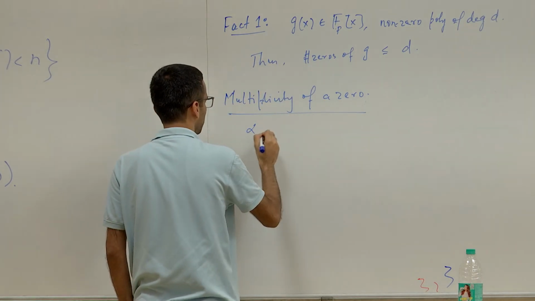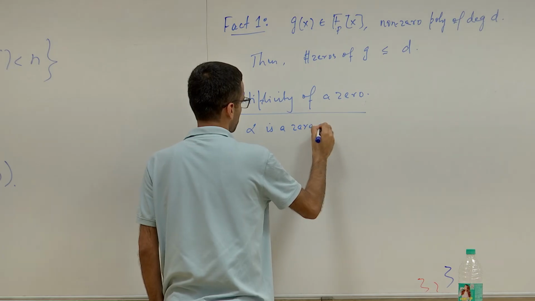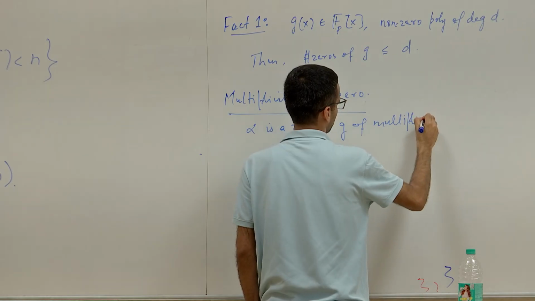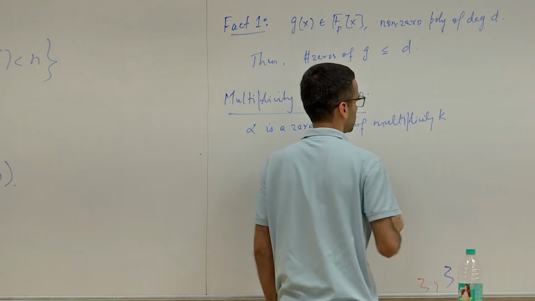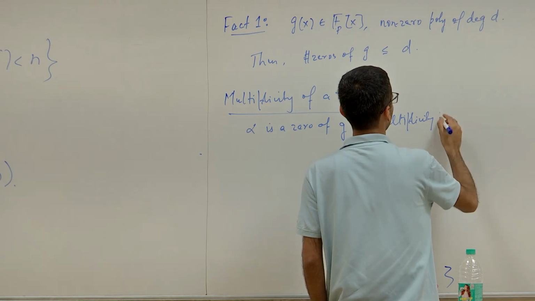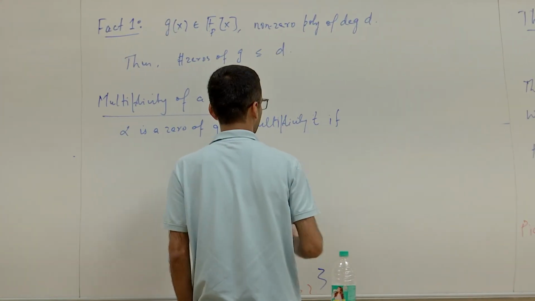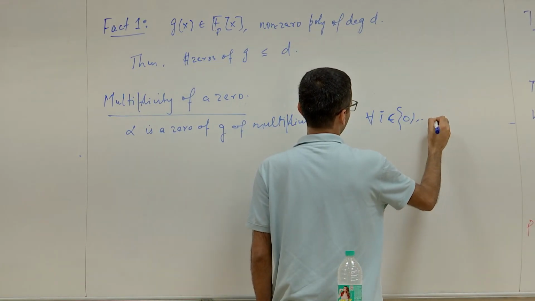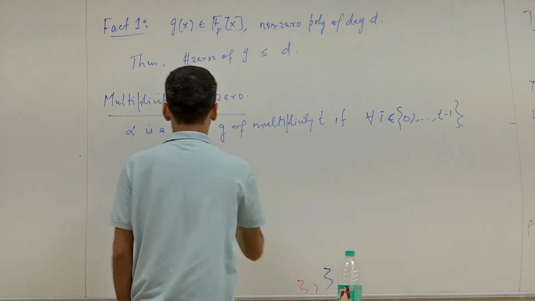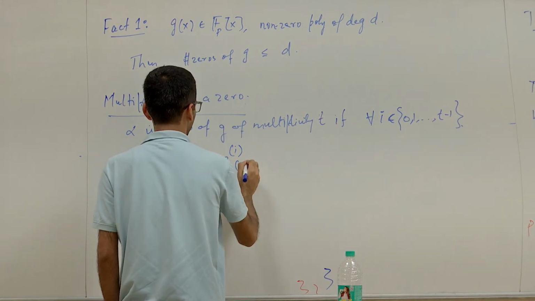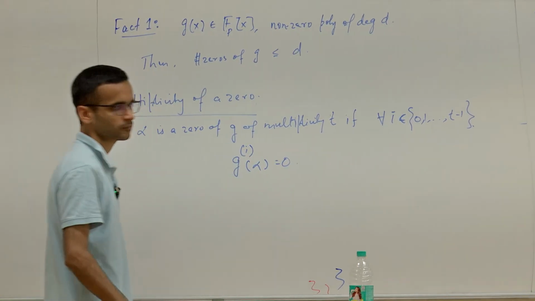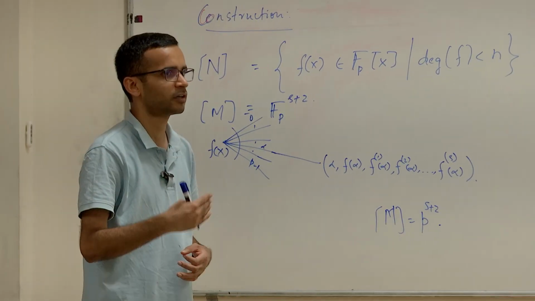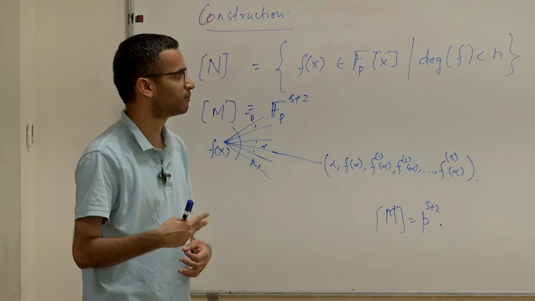We say that alpha is a zero of g of multiplicity t if for all i in 0, 1, up to t minus 1, the ith derivative of g evaluated at alpha is 0. So not only does the polynomial evaluate to 0, all its derivatives up to order t minus 1 continue to evaluate to 0. That's what a zero of multiplicity t is.